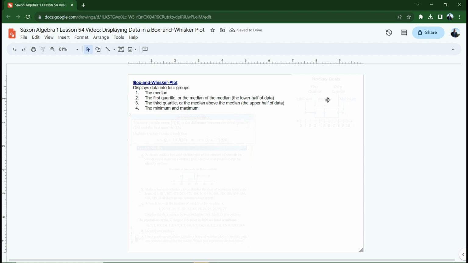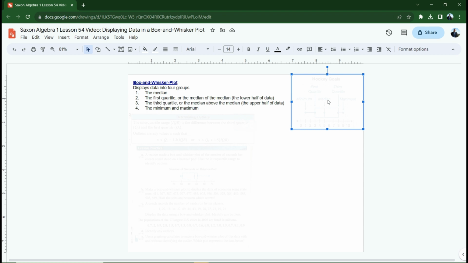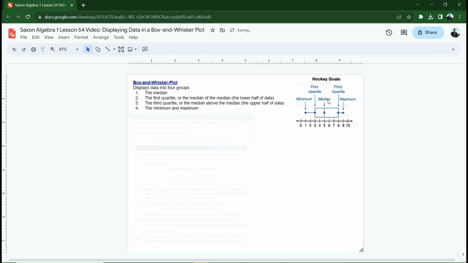If you're wondering what a box and whisker plot looks like, here's an example. So if we have a bunch of data on hockey goals per game, and I was collecting this data over several different games, I see that the median number of goals per game, right in the middle, is 5.